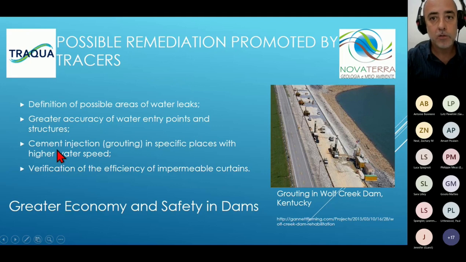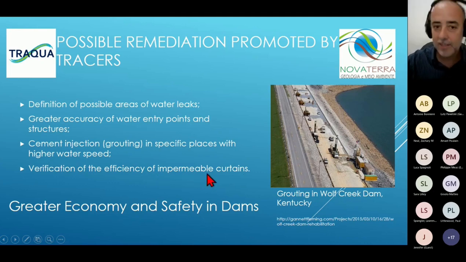We can use it to promote cement injection, the grouting, in a specific place, not in all parts of the dam, and after the grouting, verify the efficiency of this grouting, if it creates an impermeable curtain. Okay? These are the objectives.